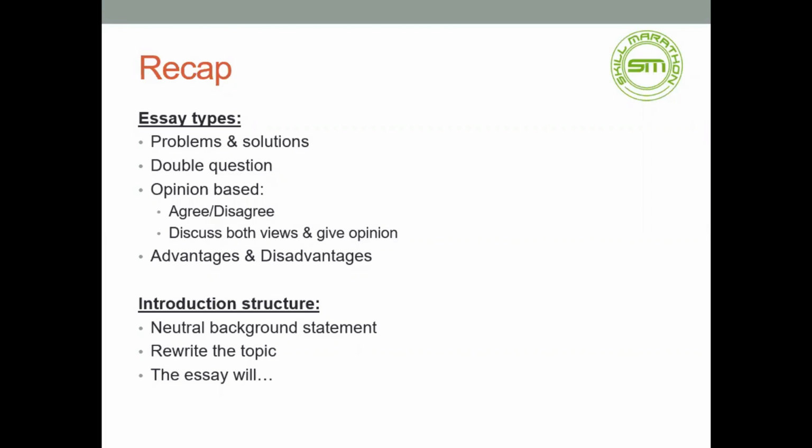One, a general statement, then you rewrite the topic, and finally mention what it is that you're going to discuss in the essay, and that will depend on the essay type. Please understand first what category the essay falls under, and then write what your essay is going to discuss. Is it clear? Tomorrow I'm going to start with the body paragraphs, and we are also going to move on to how to write a conclusion.